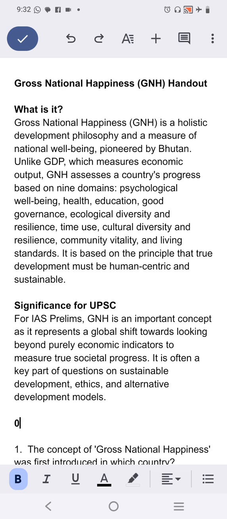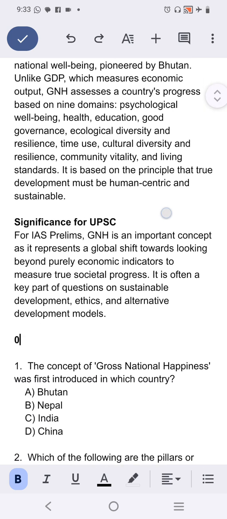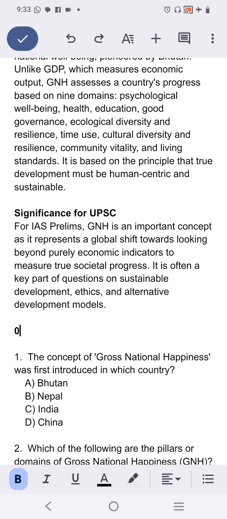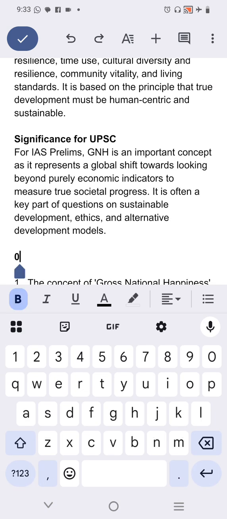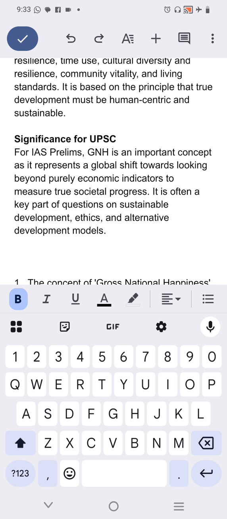Next is its basic principle: true development must be human-centric and sustainable. Next is significance for UPSC. Why are we studying it, and what is its importance? It represents a global shift towards looking beyond purely economic indicators.